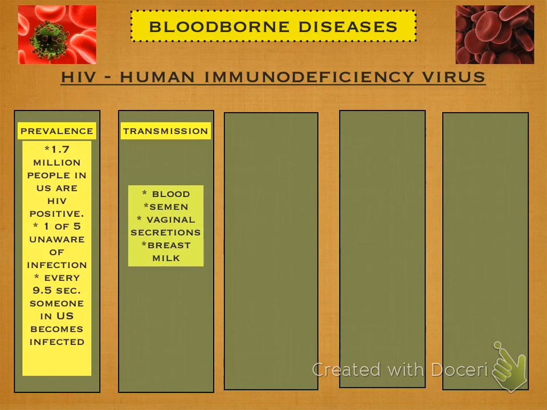So vectors generally are not going to be transmitters of HIV. This is it, guys. And again, let me say that blood has to get into your system, not just on your skin.